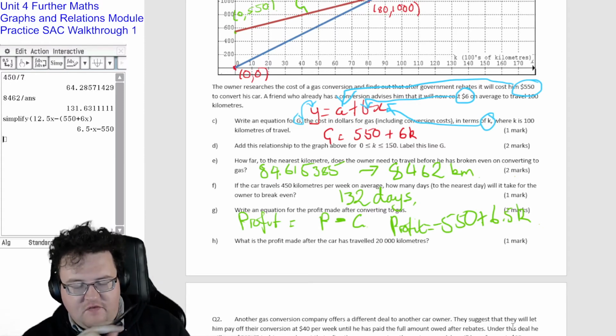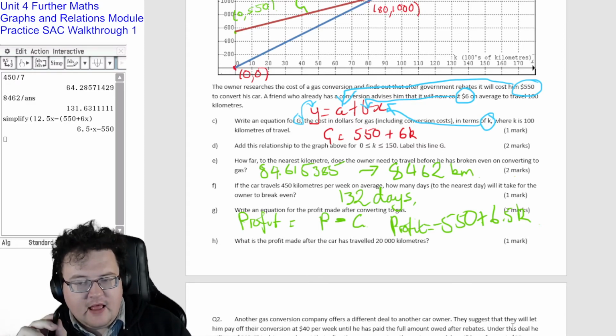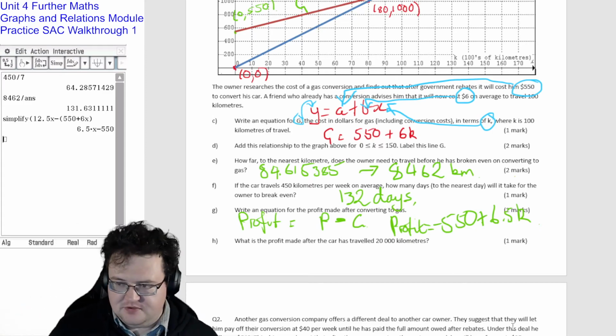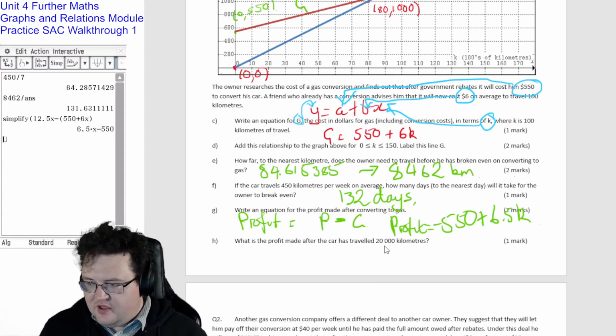So we need to convert that 20,000 into a K value to put into our equation. We divide the 20,000 by 100, and we get 200. So we're going to say K equals 200, and then put it into our profit equation.